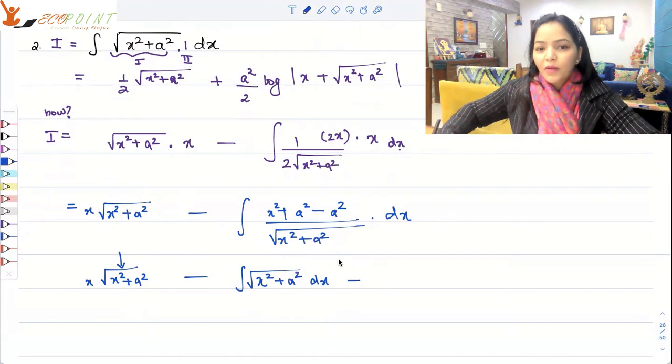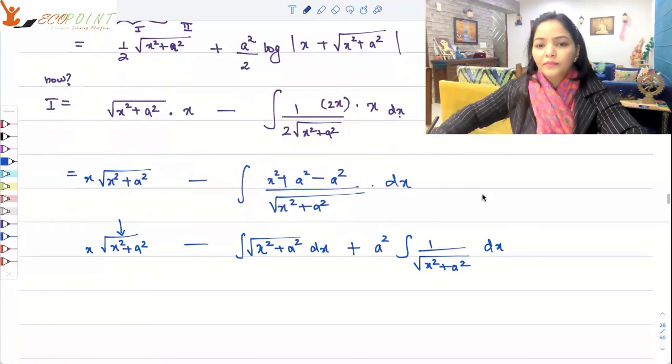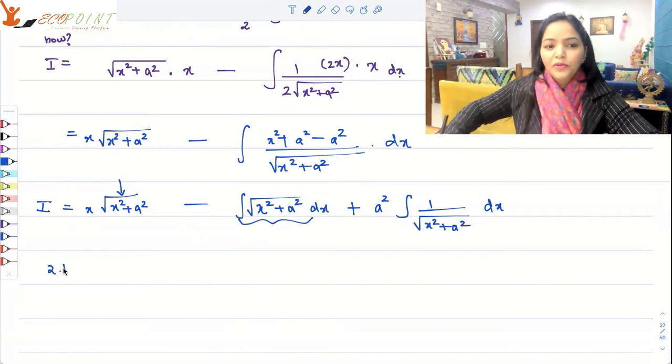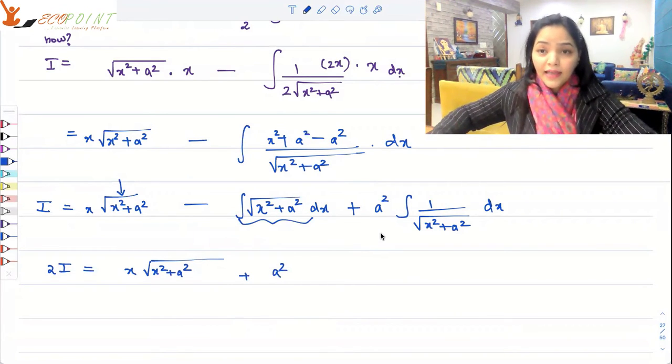So this, now minus will give you plus a square, integral 1 upon square root of x square plus a square dx, right? So what will you get? This is nothing but I. So you'll have twice of I is equal to x square root of x square plus a square plus a square times this integral. Again, can you recall? You've seen it with me only.